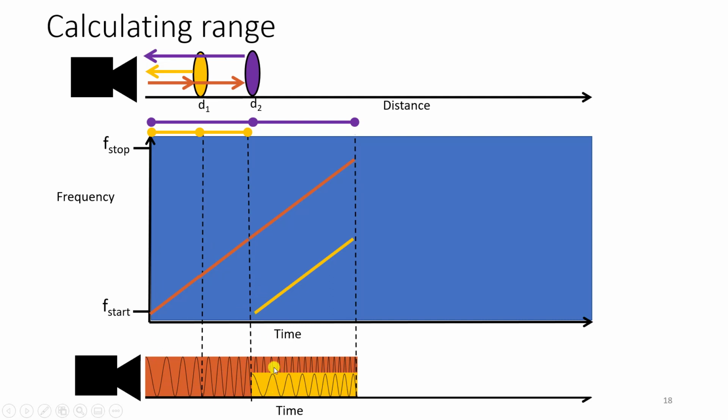the transducer is now receiving this waveform. So the transducer is both transmitting the chirp, which is going from low to high frequency, and it's receiving a delayed copy of the chirp right here. So it's starting to receive that. And at this moment in time, right here, it begins to receive the delayed copy of the chirp from the object D2.